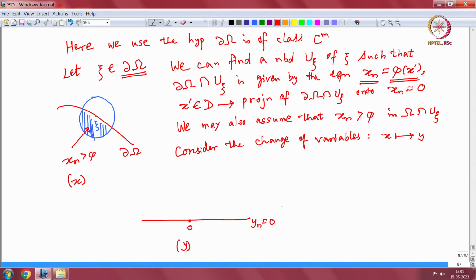Okay. So, J is mapped onto 0. So, what is y? So, yi is xi minus ji, for i equal to 1 to n minus 1, and yn I am just writing xn minus phi of x prime. Okay. So, x prime again, just remember that.